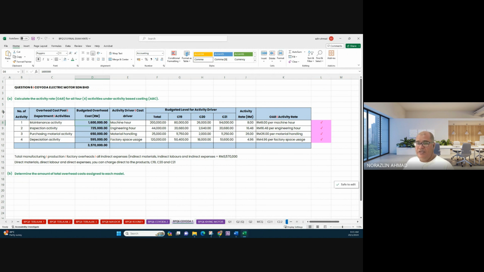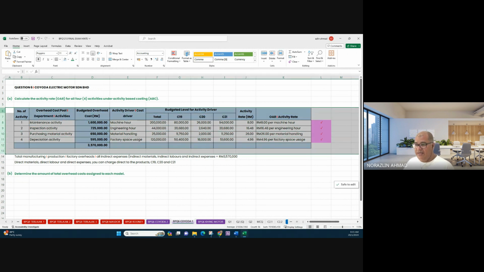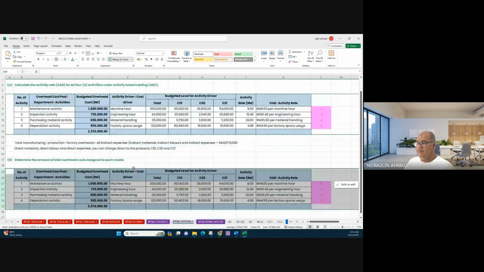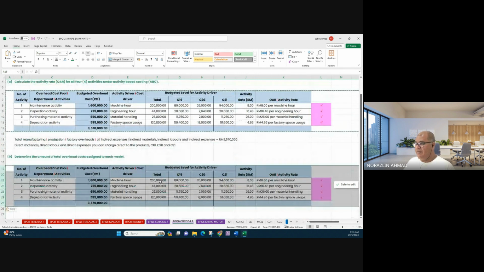Okay, from here, you can copy this one back, Control C and Control V, because it is giving the same, yeah.